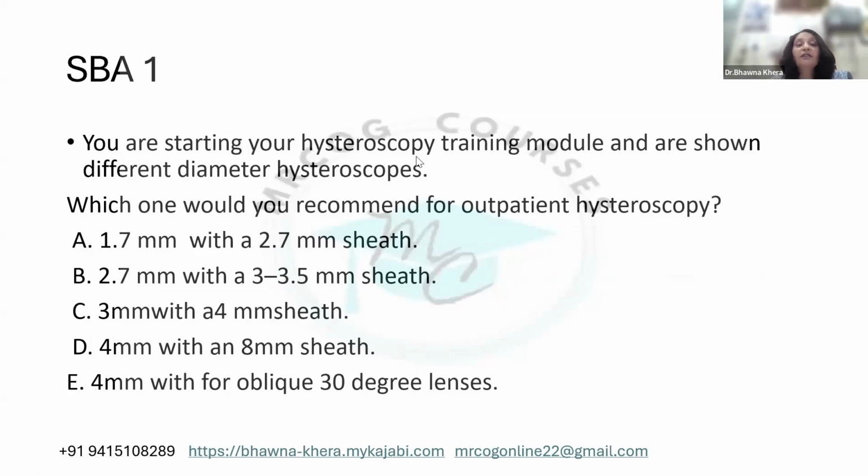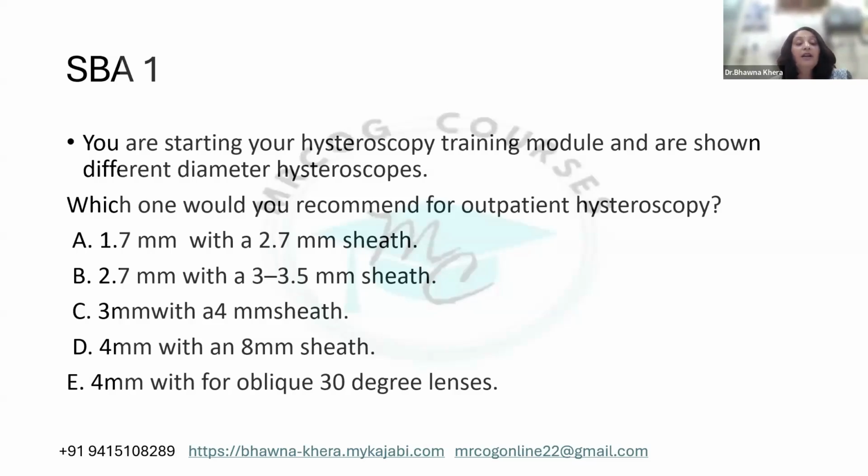We are starting your hysteroscopy training module and are shown different diameter hysteroscopes. Which one would you recommend for the outpatient hysteroscopy?